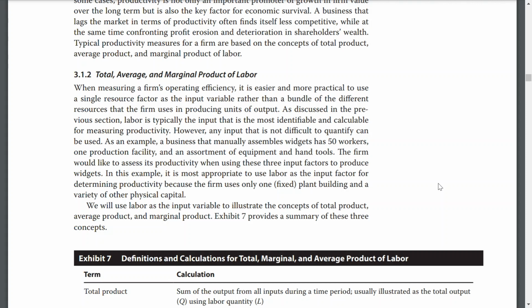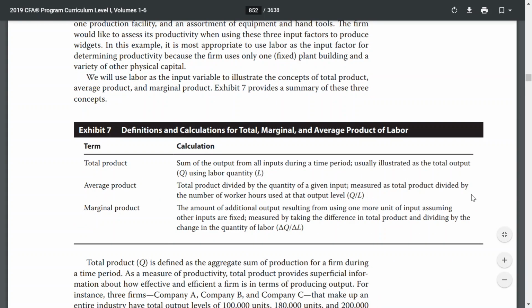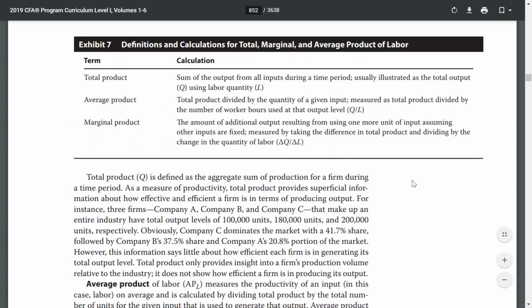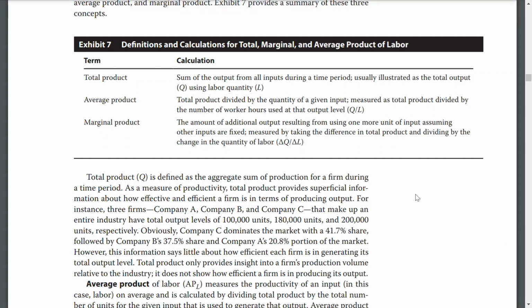We will use labor as an input variable to illustrate the concepts of total product, average product, and marginal product. Exhibit 7 provides a summary of these three concepts. Here's Exhibit 7. The total product, Q, is defined as the aggregate sum of the production of a firm during a time period.